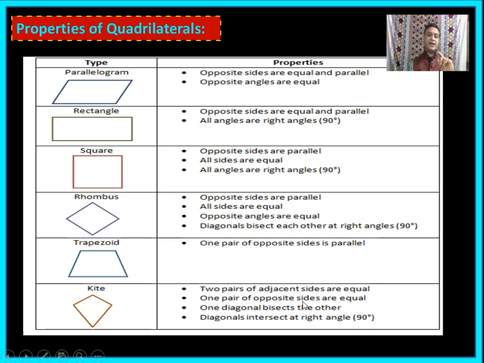Diagonals bisect each other, and diagonals intersect at right angles. Here also diagonals intersect at right angles. These are the main properties of quadrilaterals we have to learn.